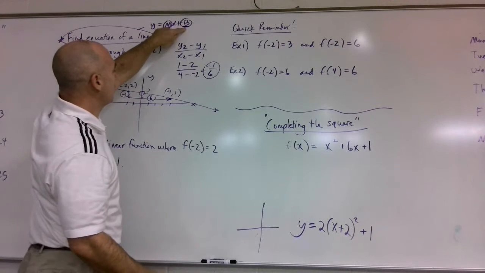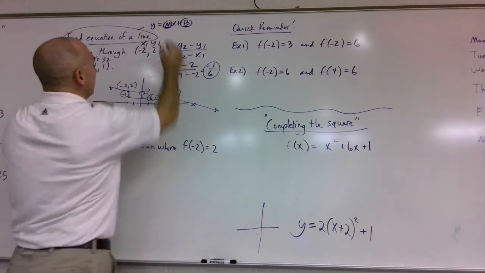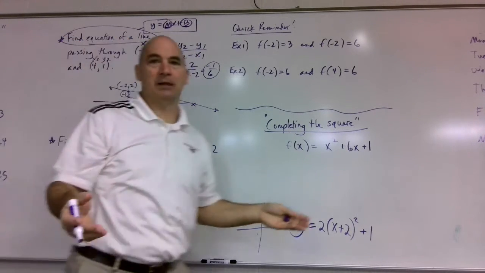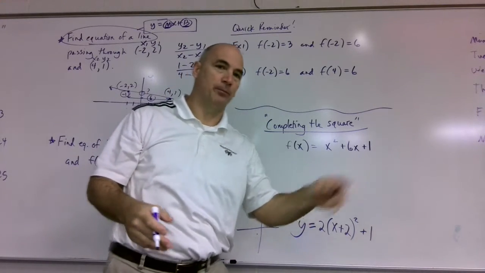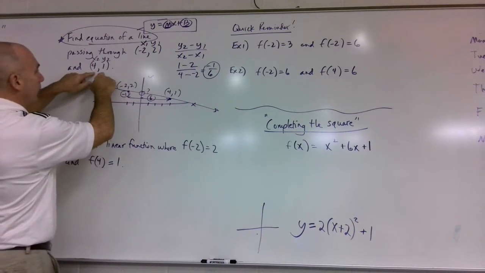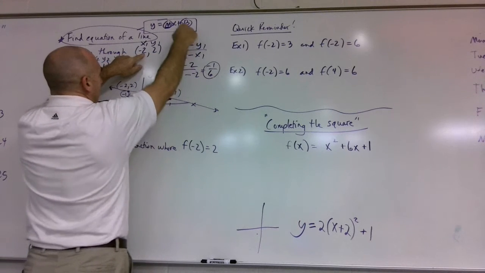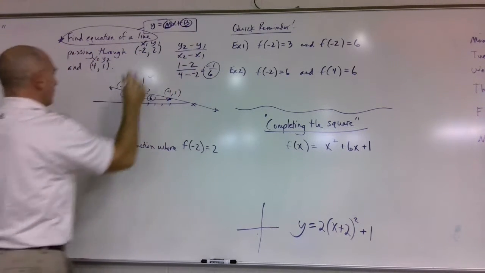Now, how can I find my y-intercept? Well, I'm going to take this formula, y equals mx plus b, it's your slope-intercept form. I'm going to grab one of these points, either this one or this one, plus my slope, and then the only thing left will be my b. So I'm going to do that over here.